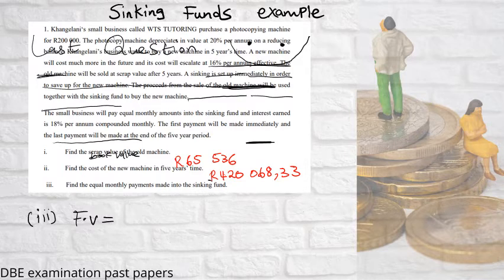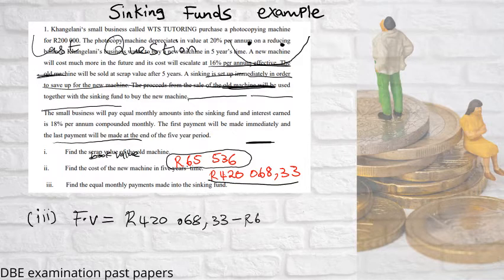After 5 years, the new machine is now this price, 420,068 rands 33. But then we need to know how much a person should save in order to pay for the new machine. We know that they are going to sell their old machine at the scrap value or book value of 65,536.